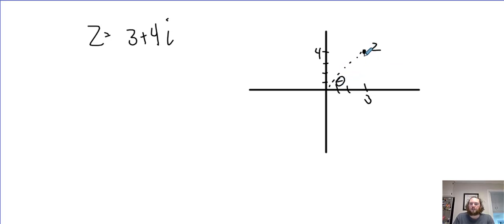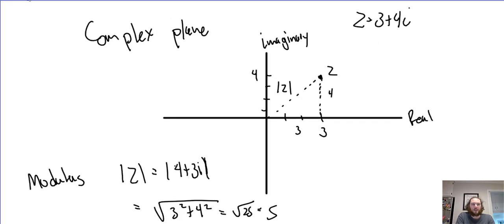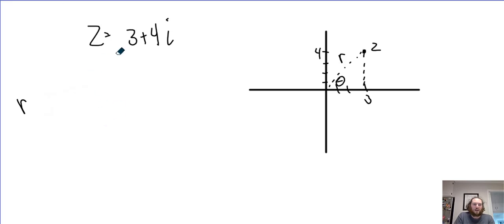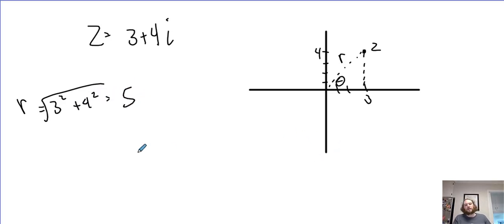So we're finding this angle theta in order to find my argument, and we would find the length r in order to find my modulus. In order to write this in polar form, the first thing we have to do is find r. And we already know that r is, did I write those backwards? 3 plus 4i. Yeah, 3 plus 4i. We'd find r by doing the square root of 3 squared plus 4 squared. So we get an r of 5.